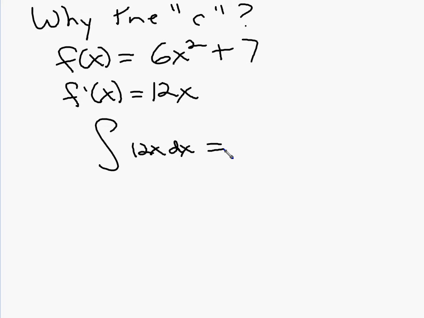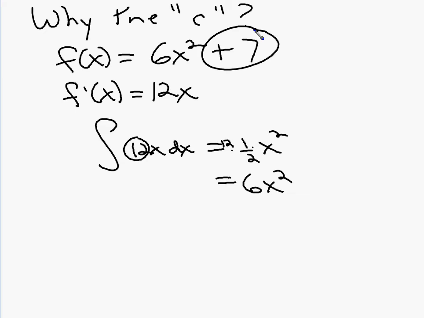Well, I told you it would be x squared times 1 over 2, but then you still have this 12, so it's times 12. So what do you get? You still get 6x squared. But guess what? My original function that I started with had this plus 7.